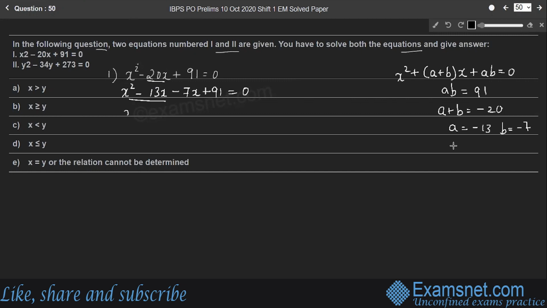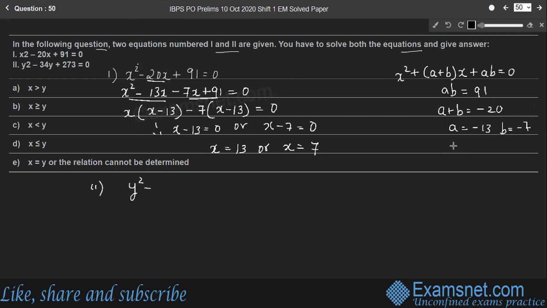Take the first two terms where x is common, x into (x minus 13), minus 7 is common in the last two terms, into (x minus 13) is equal to 0. Therefore, we have two values for x. x minus 7 is 0. Therefore, x is equal to 13 or x is equal to 7. Right? Next equation.